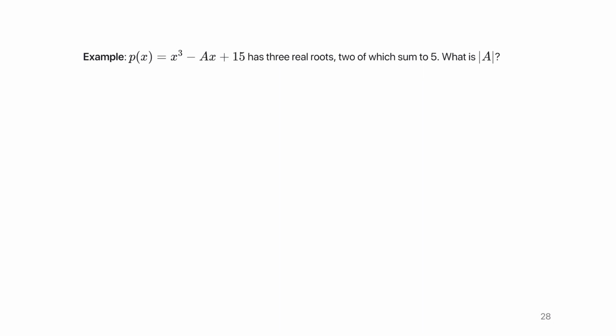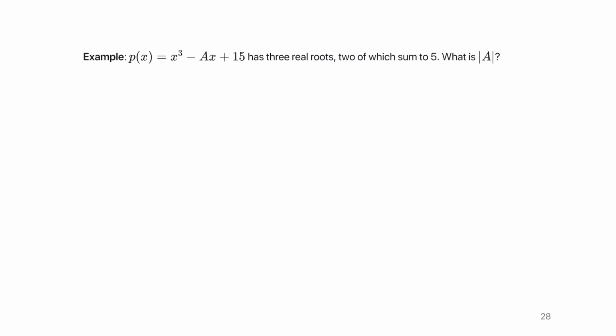Okay, so before I give you another minute or so to try and attempt it, we're told 2 of the roots sum to 5, correct? What does the third root have to be? It's the same trick as before. What does the third root have to be? Yeah, negative 5, right?